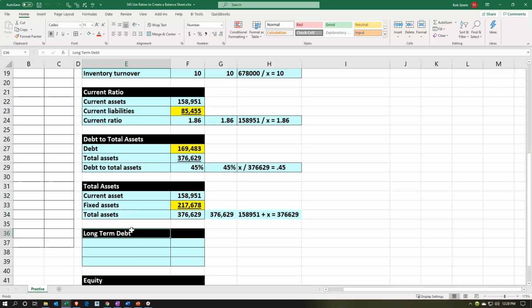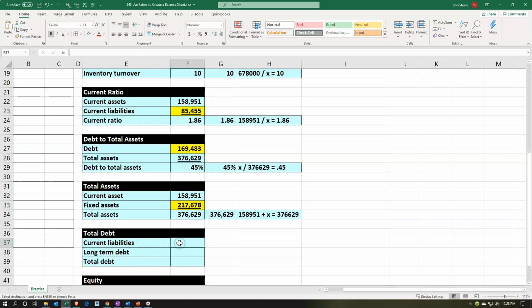Let's call this total debt. And the total debt is going to be equal to the current liabilities, and then the long-term debt is going to be the total liabilities or the total debt. So we'll pick that up.